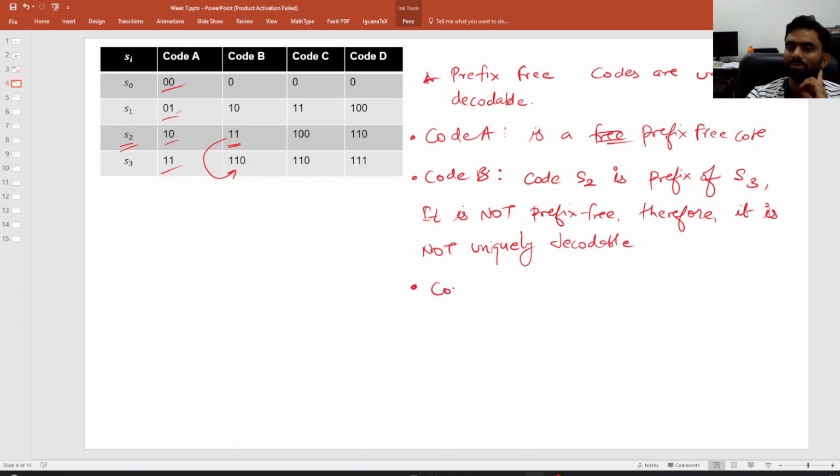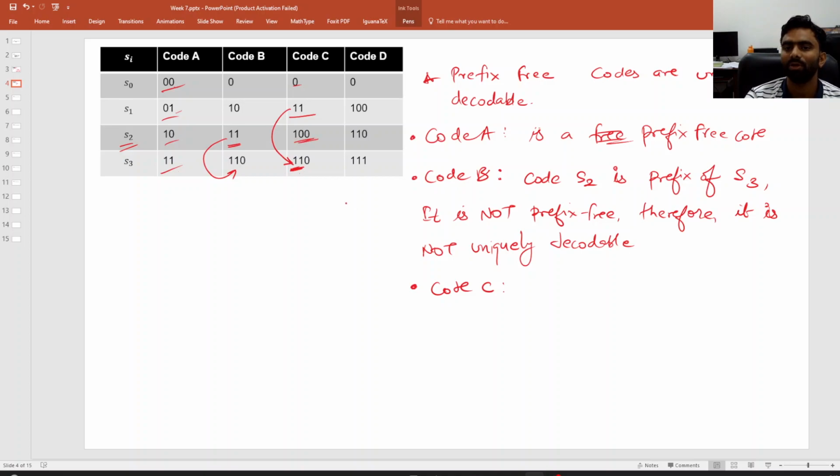Now code C. Is this code a prefix of any other code? No. Is this a prefix of any other code? Yes, this one here is a prefix of S3.